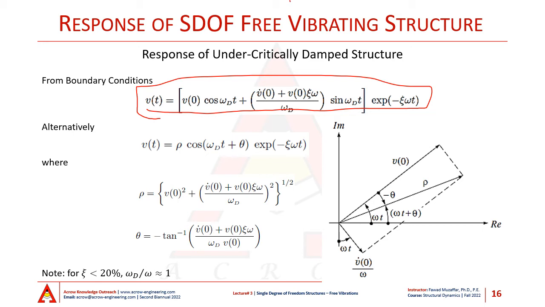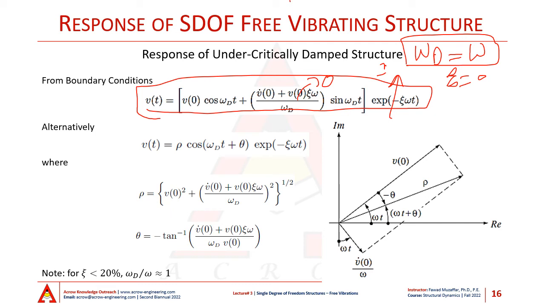So for a freely vibrating dampless system, our ωd, that is the damped natural cyclic frequency, is equal to ω, the dampless cyclic frequency, and our ψ is equal to 0. If we plug in these two values back into the equation, this term becomes 1, this term vanishes, and ωd is equal to ω.